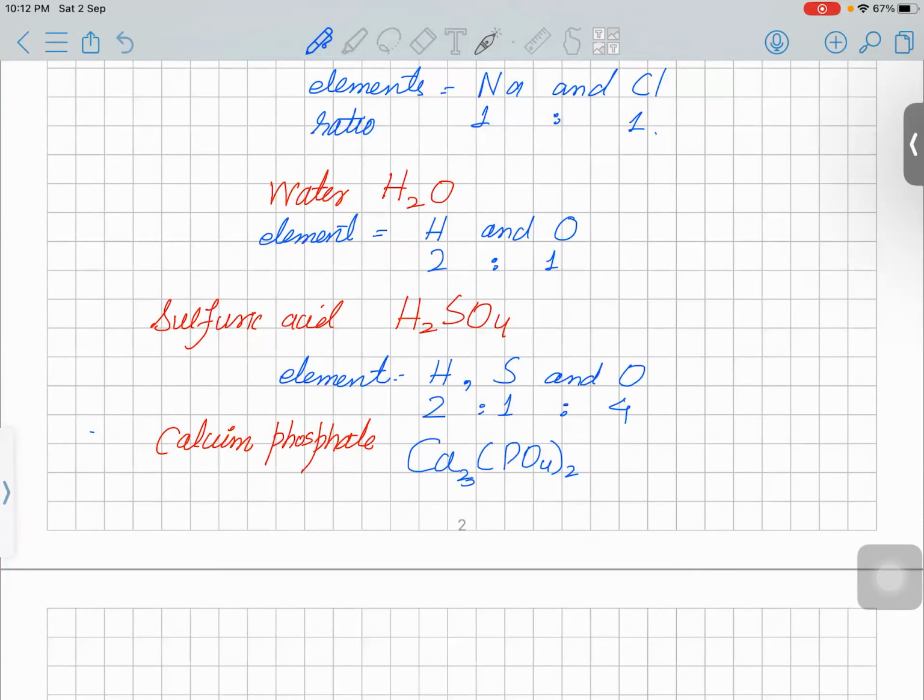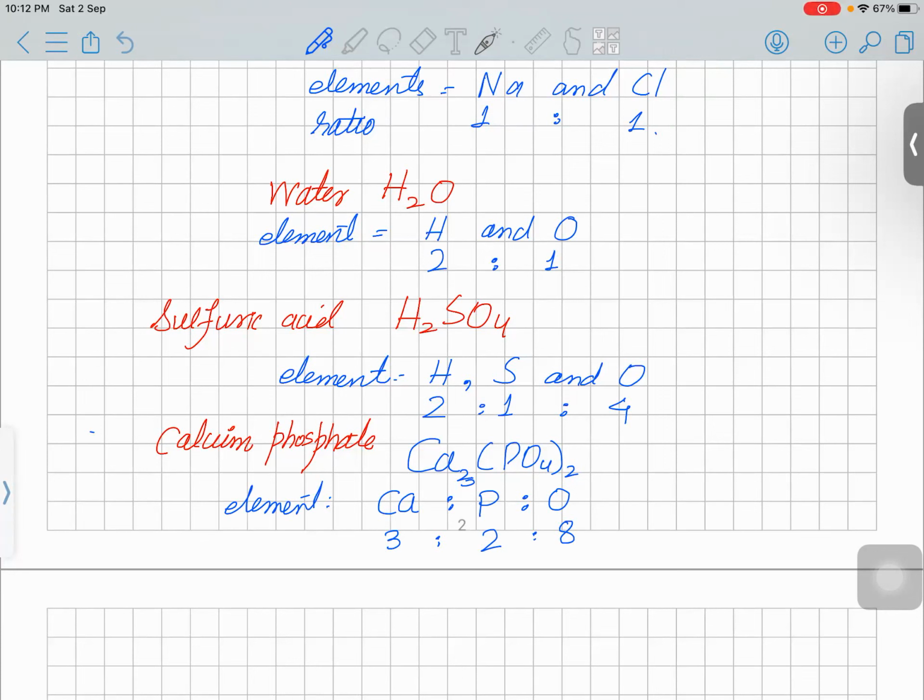This is the chemical formula of calcium phosphate. Now the elements: calcium, phosphorus, and oxygen. Calcium is 3, phosphorus 2, and oxygen 8. Very good.